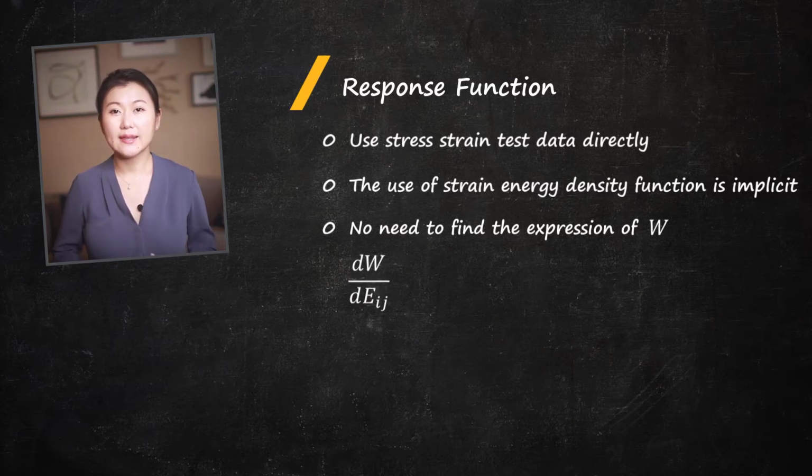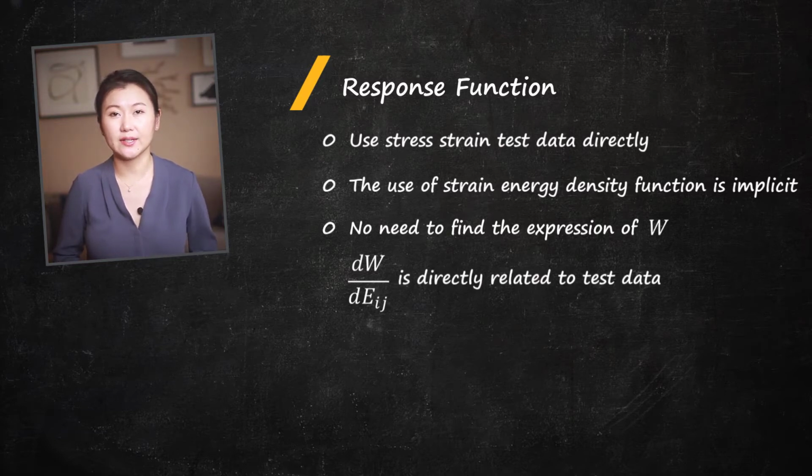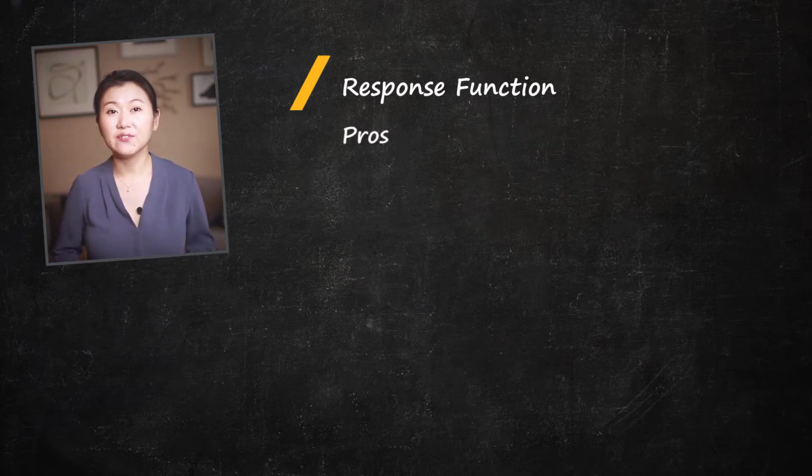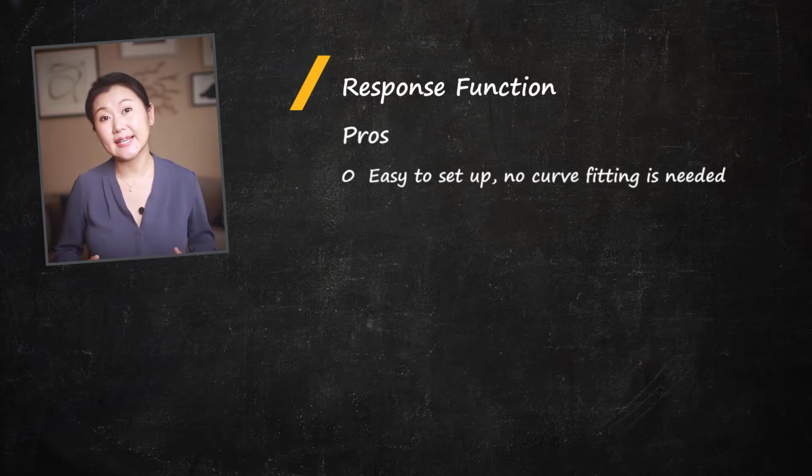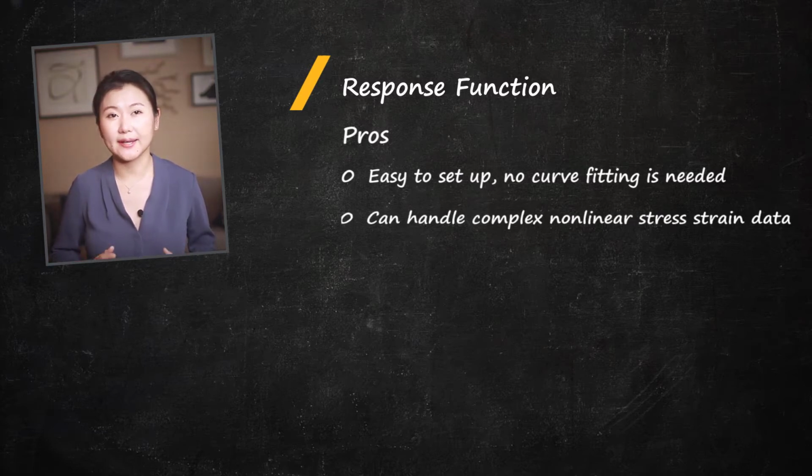So this term, the derivative of W with respect to strain component, will be directly related to the test stress-strain data. Compared to curve-fitting method, response function is easier to set up as it only needs to read in the test data. It is able to handle more complex nonlinear stress-strain relationship that conventional method cannot.